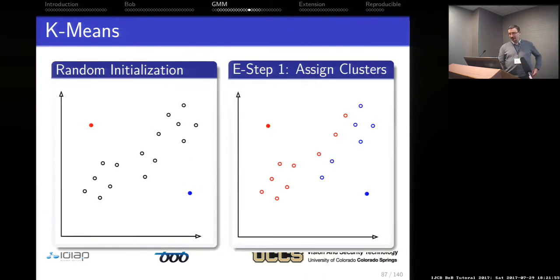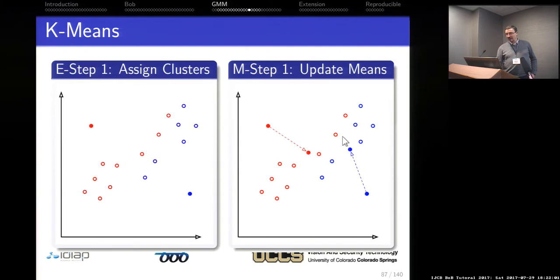And then you do the first E step, where you assign the data to the closest cluster center. Then you take an M step, which moves your center to the actual mean of your data points. And you iterate that. You assign new clusters, you shift your means again, you assign new clusters, and at a certain point, the clusters don't change anymore.